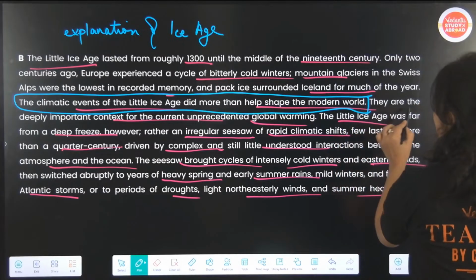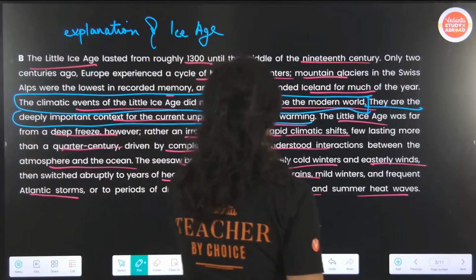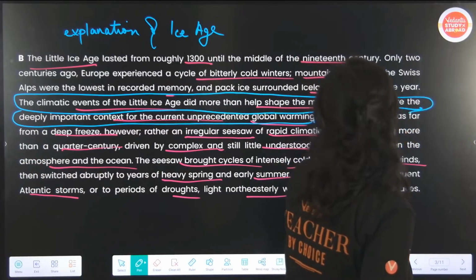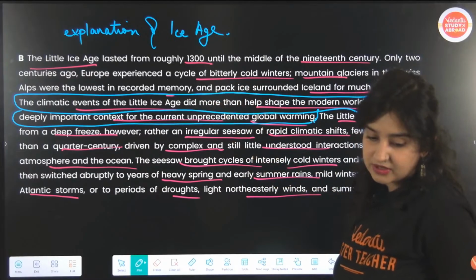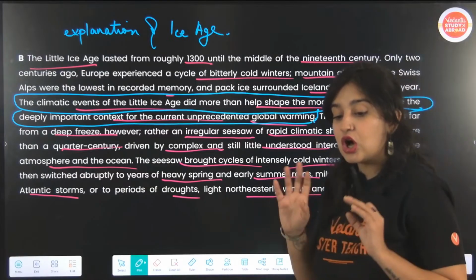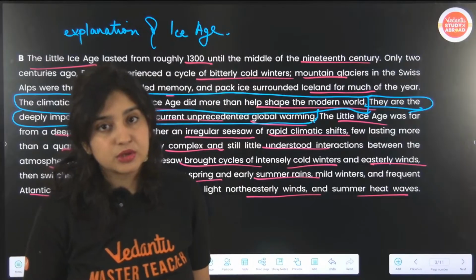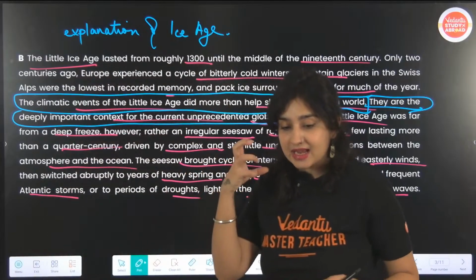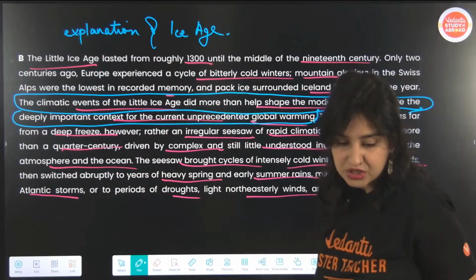They are the deeply important context for the current unprecedented global warming. So why is this explanation being given? Because the Little Ice Age has impacted our modern world. If we want to understand the modern world, we have to understand the Little Ice Age, right?